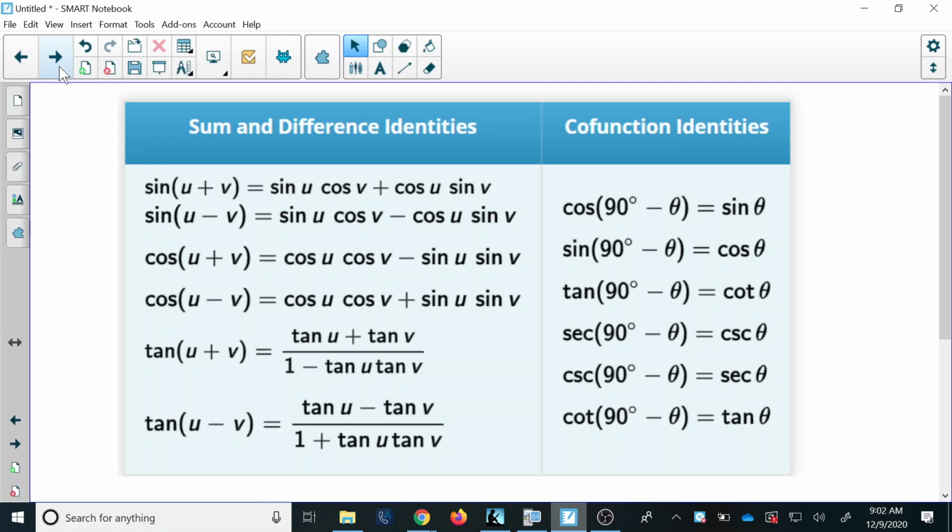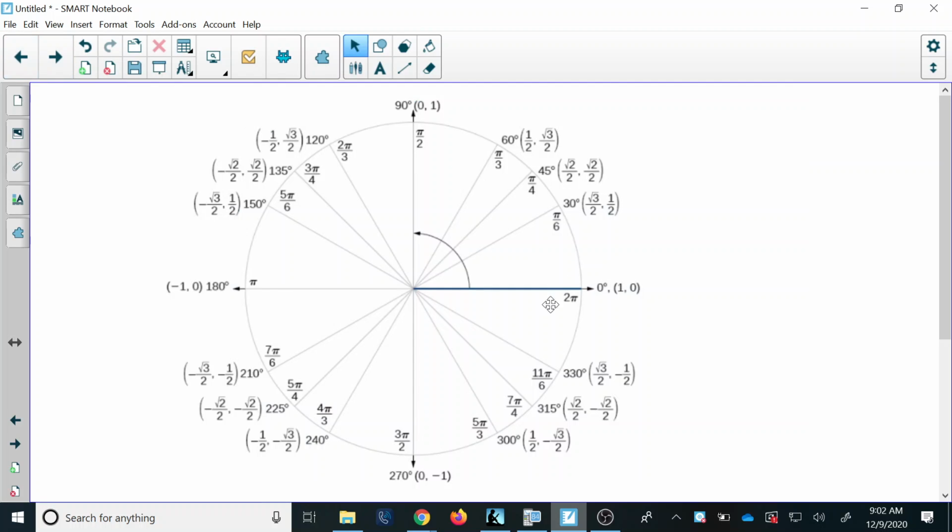Okay, so now let's do a question based on sum and difference identities. I'm planning to take at least 3 questions, one for sine, one for cos, and one for tan. And always this table is important, and also this diagram, the terminal points represented on a unit circle will be a ready reference for this kind of question.